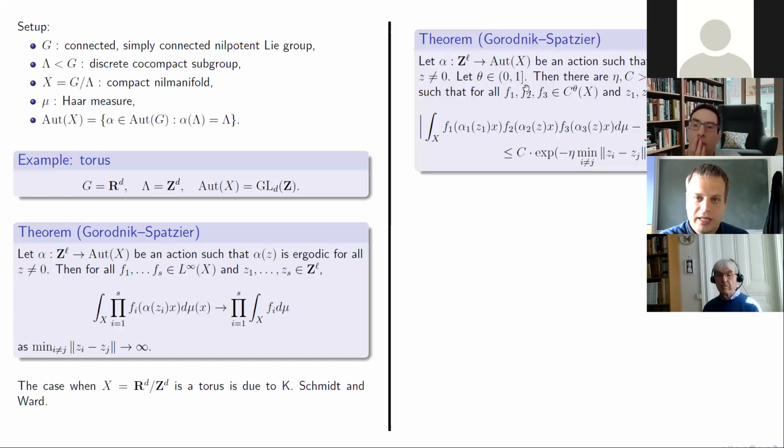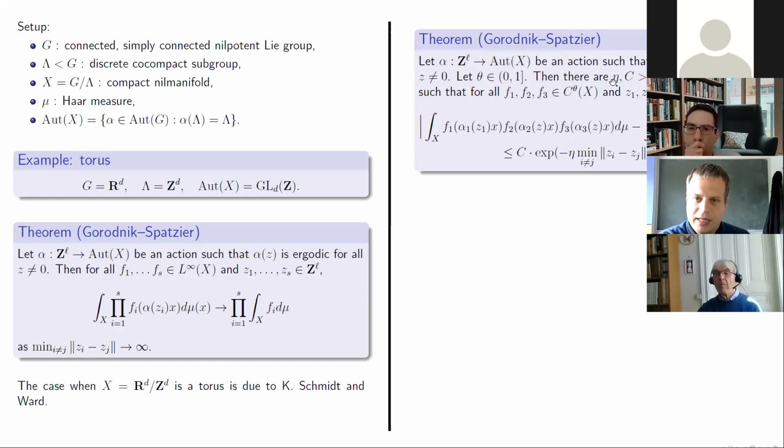So here is that statement. Again, we have an action where alpha of z is ergodic for all non-zero z. And then we take some theta, which will be the Hölder parameter.